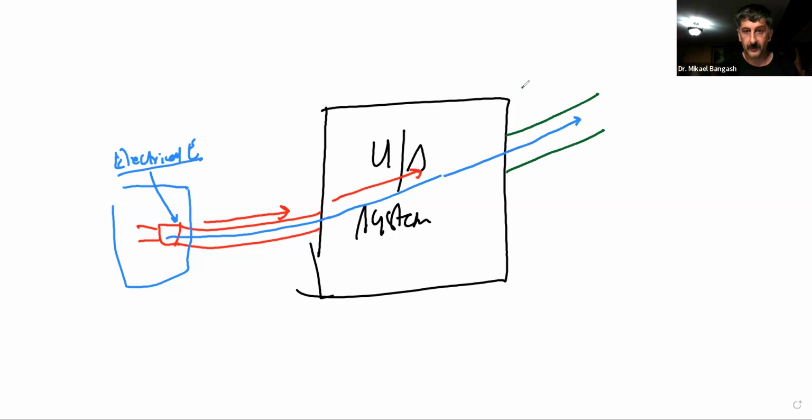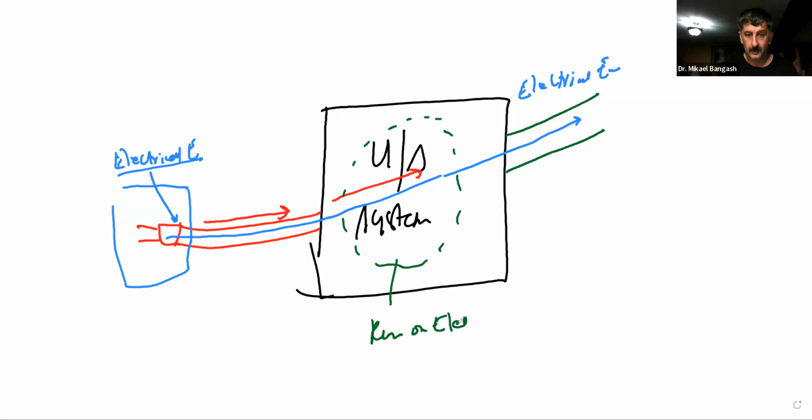So that's going to be your electrical energy. And just keep in mind that this system as a whole only runs on electrical energy.